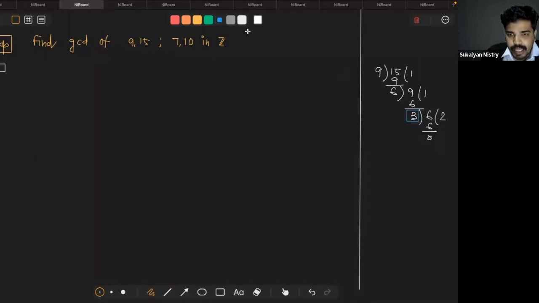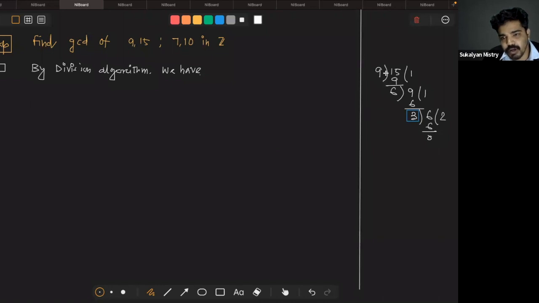So এই প্রসেসটাই দেখো আমরা ম্যাথমেটিক্যালি কি করে লিখি, by Euclidean division algorithm, we have a is equal to bq plus r: 15 is equal to 9 into 1 plus 6. Next 9 is equal to 6 into 1 plus 3.